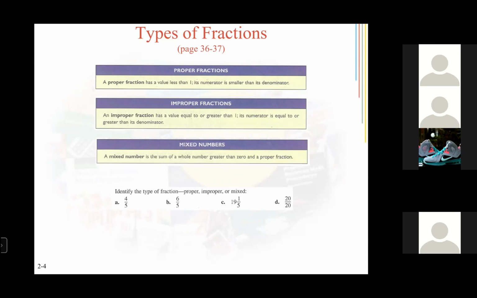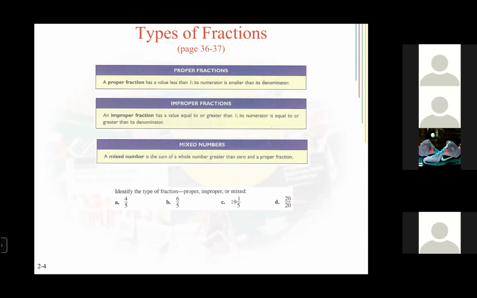So if it's equal to 1, that's considered improper, according to the definition the book gives on page 336.